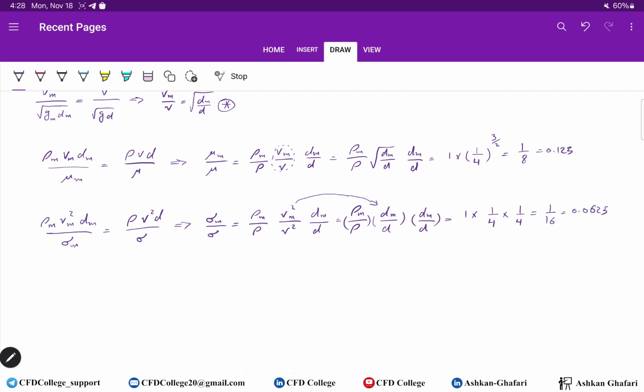So now we have the scale for the viscosity and for the surface tension.